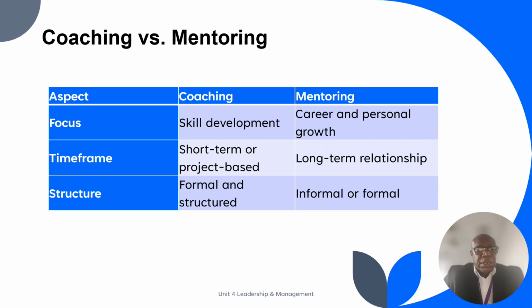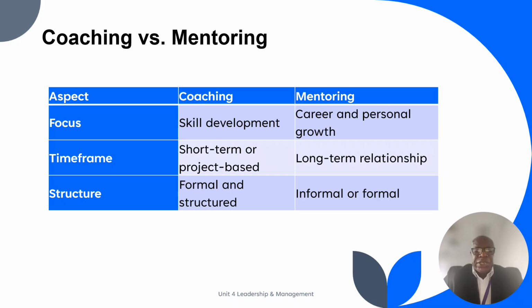And the structure of coaching is more formal and structured, but mentoring can be informal as well as formal. So these are just some of the differences, or similarities, between coaching and mentoring.